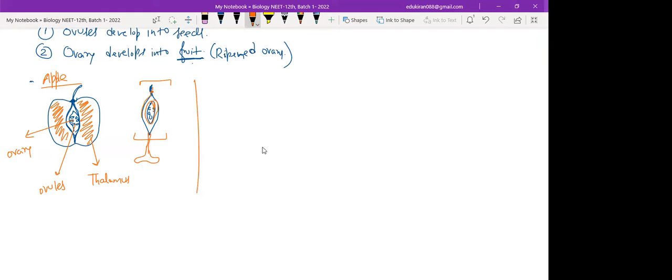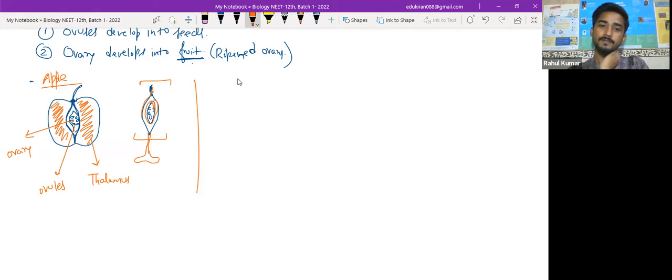Orange. Mango? It's a true fruit, right? Because what you are eating is the ovary, and inside you see a single seed, which was supposed to be an ovule.